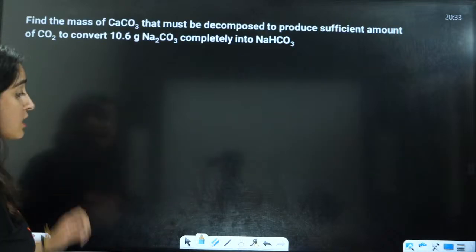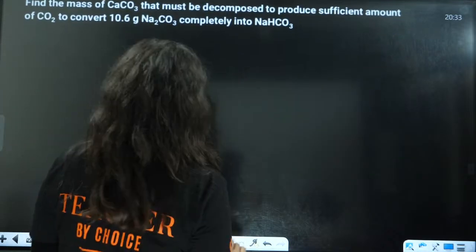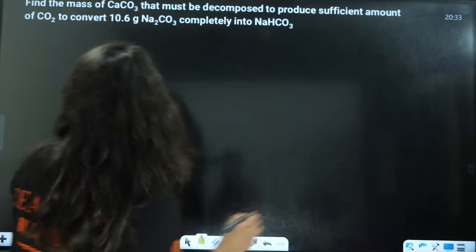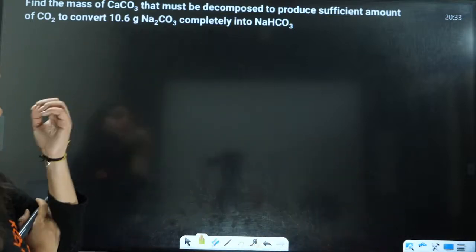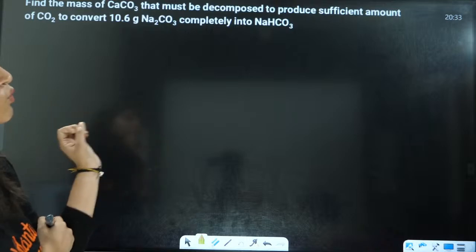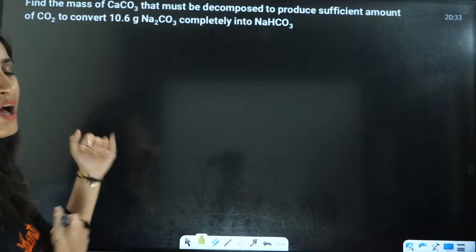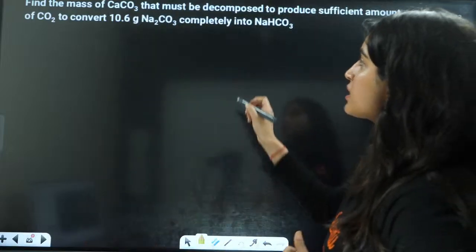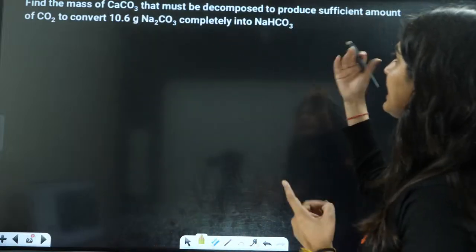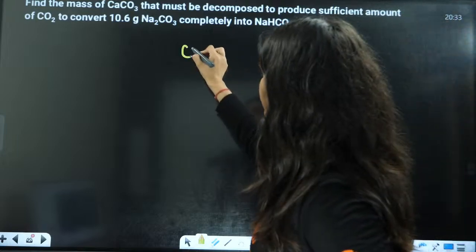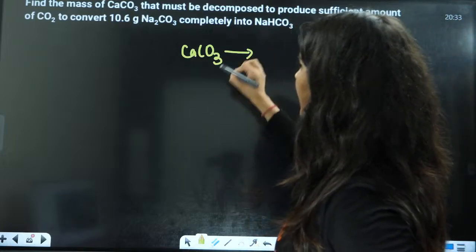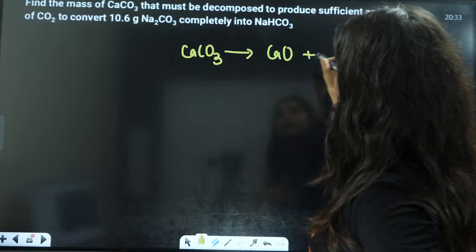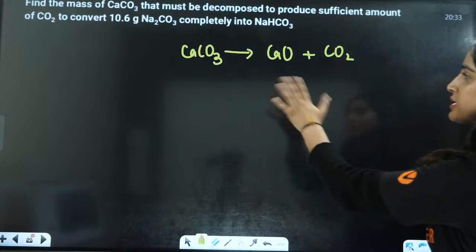Now, next we have another question. Find the mass of CaCO3 that must be decomposed to produce a sufficient amount of CO2 to convert Na2CO3 to sodium bicarbonate. First, just write down the chemical equations here. We decompose the CaCO3 into quicklime and carbon dioxide. Okay, it is balanced.